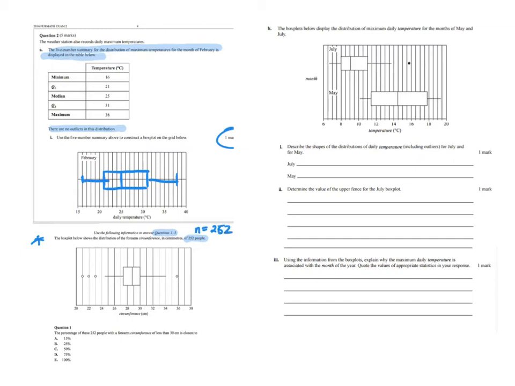Okay, the percentage of these 250 people. They're being very nice here in telling you, because remember, percentage is amount over total times 100, and they told you what the total was, so you didn't even have to go up there. It says with a forearm circumference of less than 30.